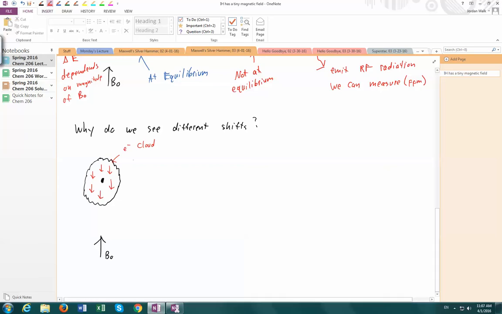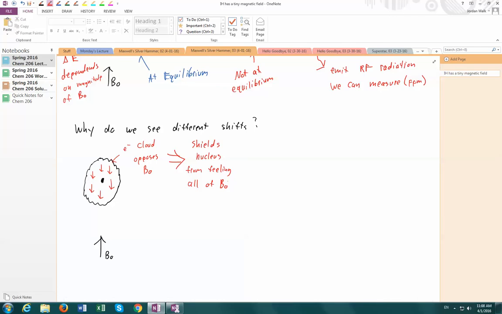So we have our electron cloud that opposes B naught. And so ultimately the result is that it shields our nucleus from feeling all of B naught. So different protons have different chemical or different electronic environments around them, and so they get shielded differently, and because they get shielded differently, ultimately they end up with different delta E's.